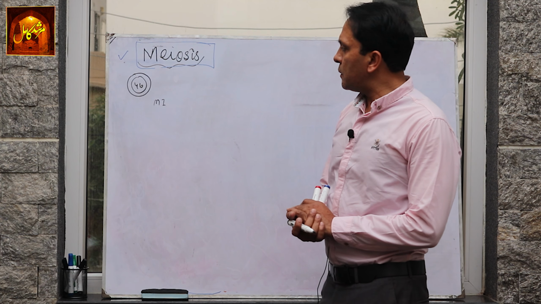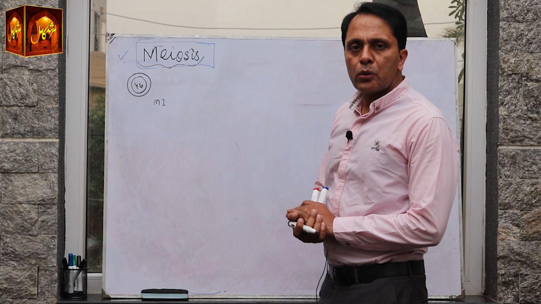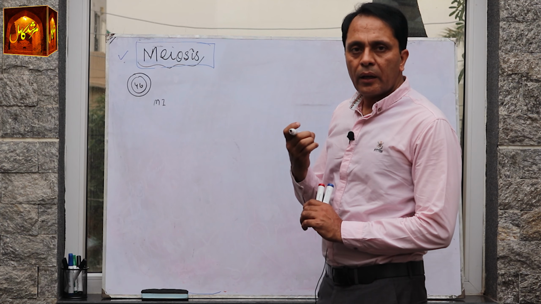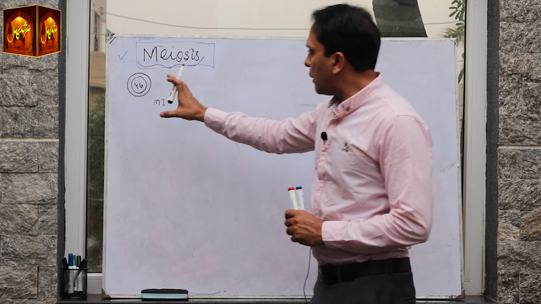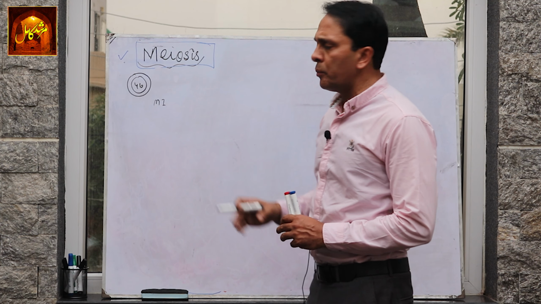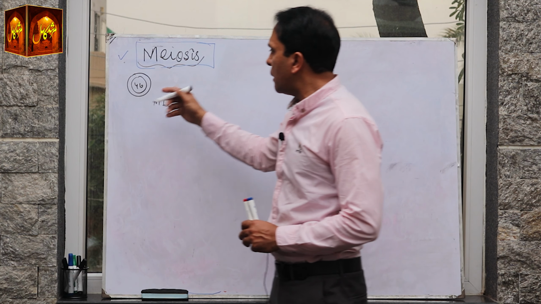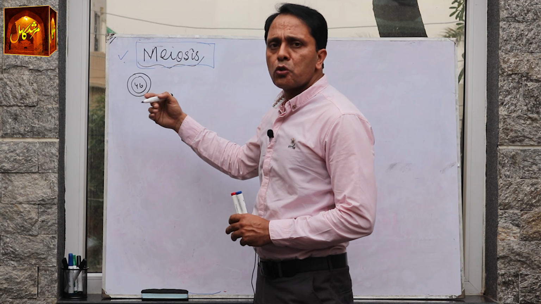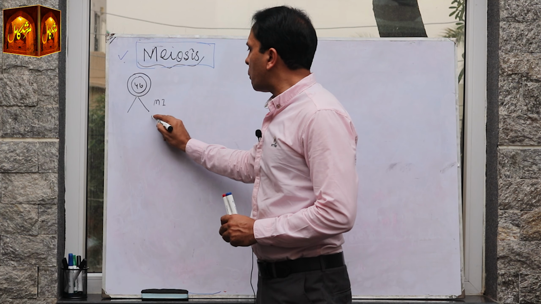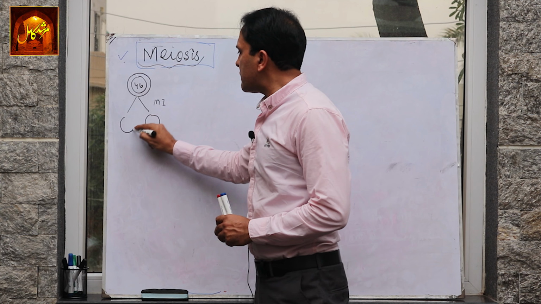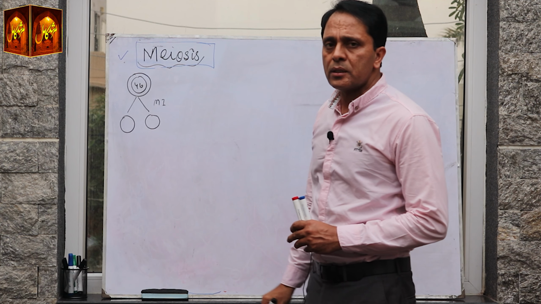We discuss the terminology diploid, haploid, what these terminologies are. Let me first tell you about the meiosis process, how this process takes place. In the first step, during meiotic 1 division, one parental cell will be divided into two daughter cells.